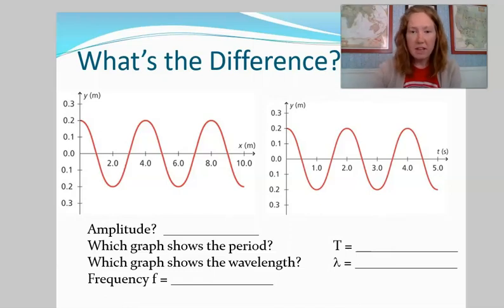Hopefully you noticed that they have different labels on their x-axes. So this one's labeled with x in meters or position in meters, and this one's labeled with time in seconds. So if you are imagining several waves now, maybe you're thinking of the gizmo if you already did it. This would be a snapshot in time of the wave on the gizmo, so that you could measure how far apart the crests are, okay?